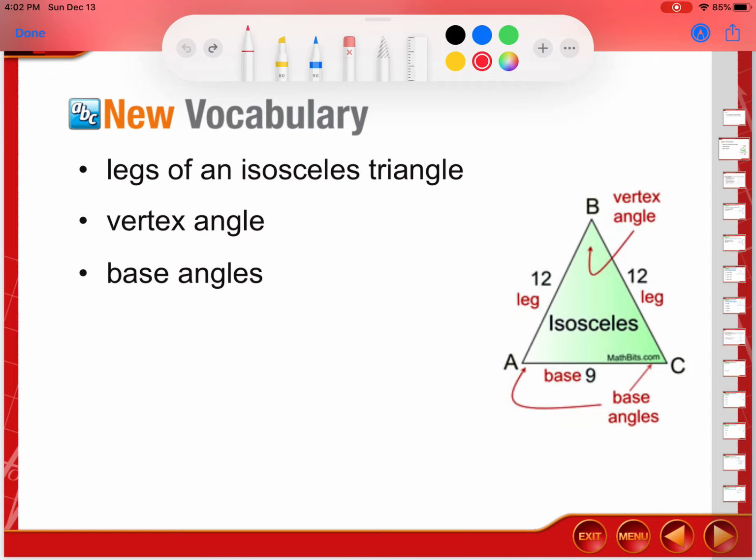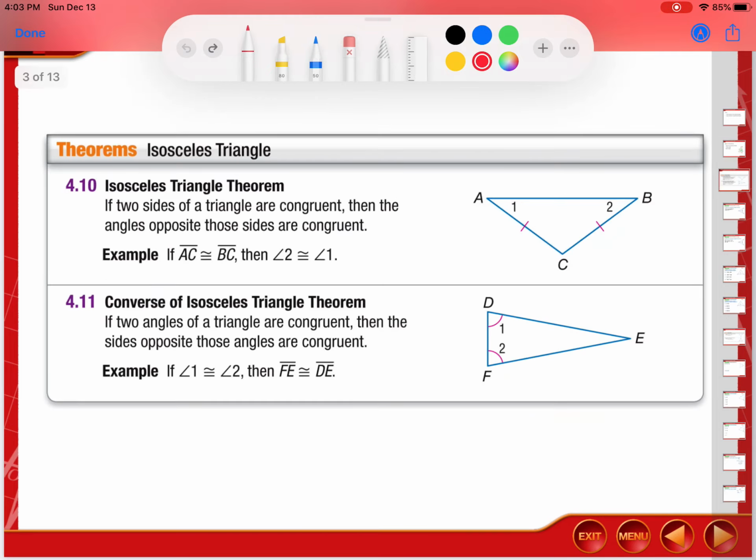So 12 and 12 here are both the legs, and then our base is 9 units. And then the base angles are the two angles that connect to the base of the triangle. They're kind of self-explanatory once you get the hang of them, but it's helpful to have that picture to reference to start with. So I would try to make sure this picture ends up in your notes.